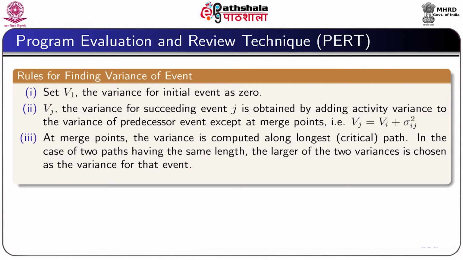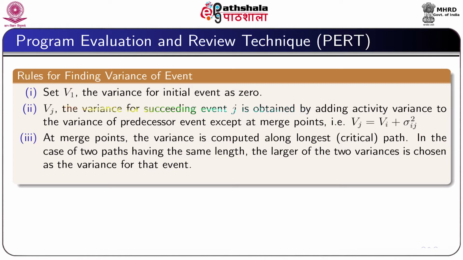Now, let me define the rules for finding the variance of events. First, we set the variance of the initial event as 0, that is V1 equal to 0.